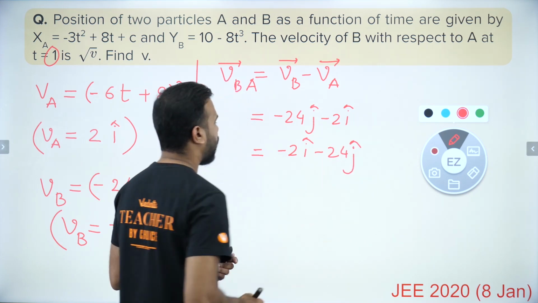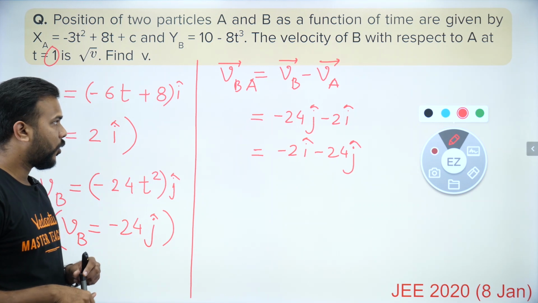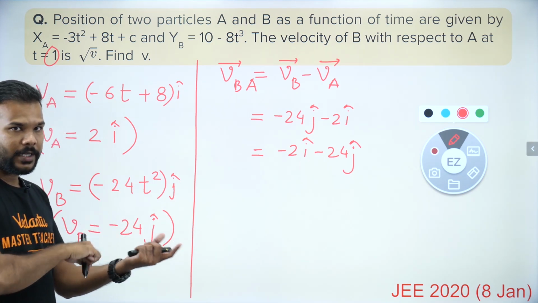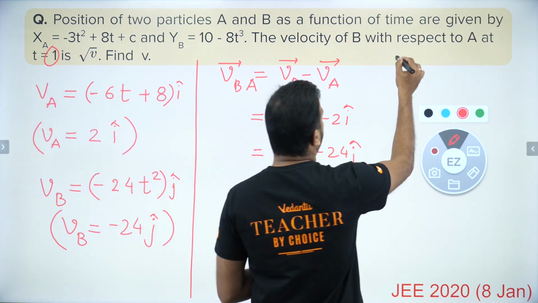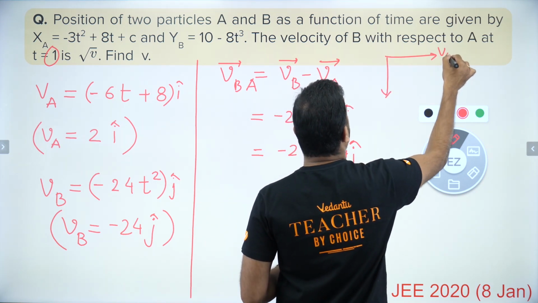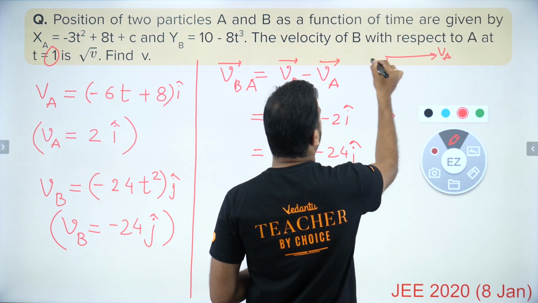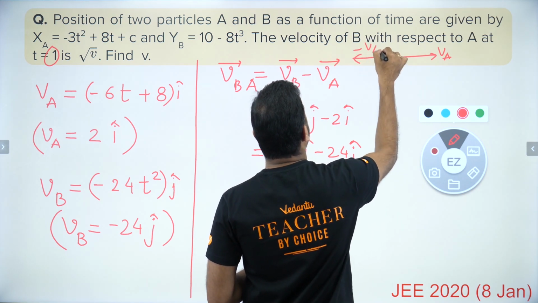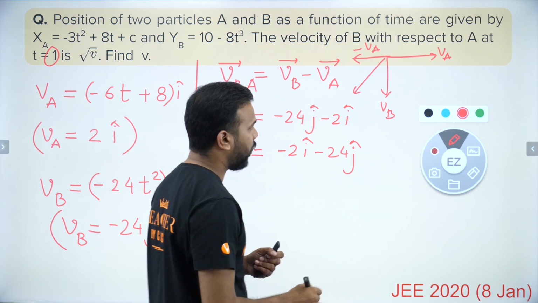So that is the relative velocity. The relative velocity will obviously come out in the third quadrant. Reason being, this was the x component, this was the y component. So this is VA, this is VB, so this is minus VA. So this is the relative velocity in the third quadrant.